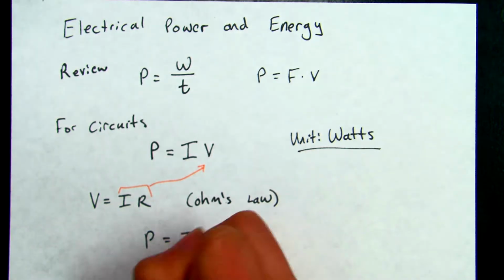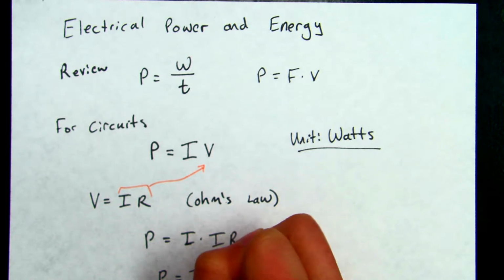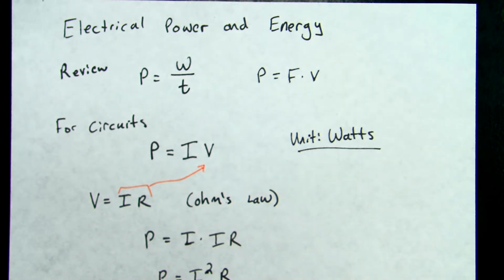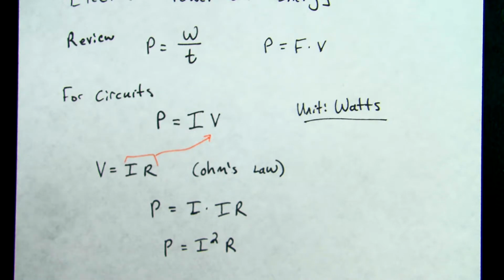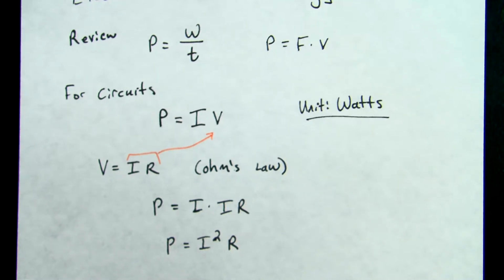And of course, we're going to simplify this to P is equal to I squared times R. And so this is another way to write power. So right now we've got two ways to write power in circuits. But there's yet another way.